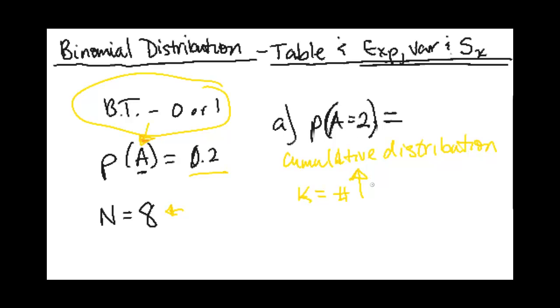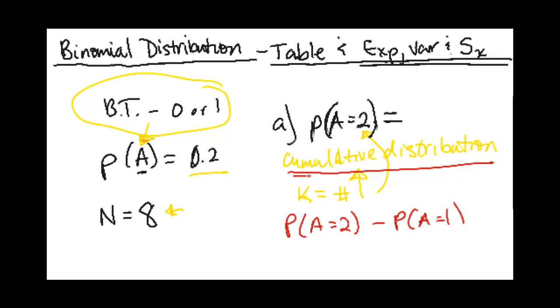So if you want an exact value like A equals 2, you need to do the probability of A equals 2 minus the table value of probability of A equals 1. Make sure that it's a cumulative distribution table. You can usually tell because the probabilities go all the way down and end up with 1s at the bottom, because they all have to add up to 1.